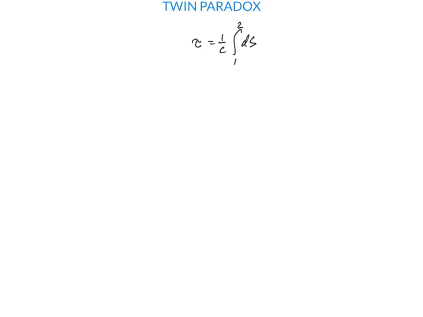The integral in this formula has to be calculated in an inertial reference frame. So remember how we derived it. We used a co-moving reference frame that instantaneously had the same velocity as the moving object and used the Lorentz transformation to connect the time in one reference frame and another.